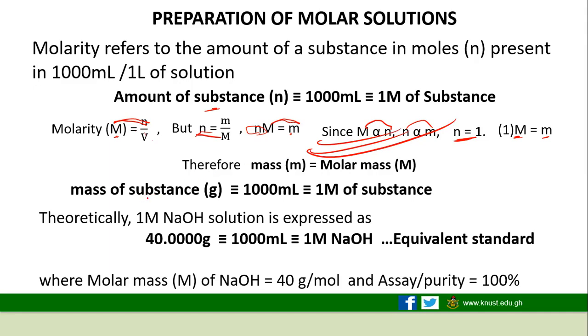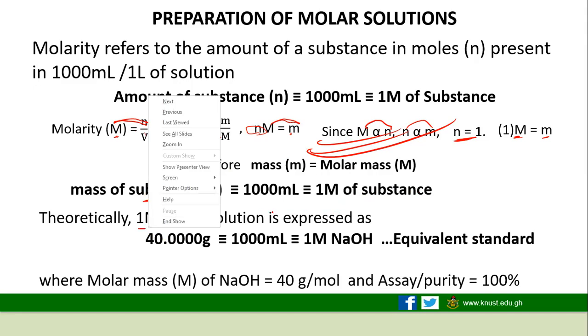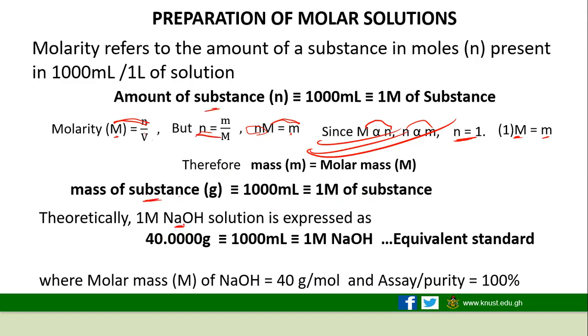What you should know is that the molar mass of the substance in 1000 ml will produce 1 molar of that substance, such that if I want to produce 1 molar of NaOH, because the molar mass of NaOH is 40 grams per mole, if I take 40 grams of the NaOH, put in 1000 ml, I'll produce 1 molar NaOH.